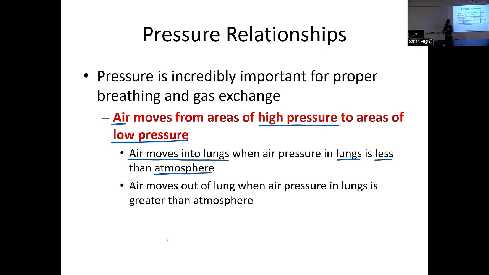High to low. When you blow out, air is going to move out of your lungs when the pressure in your lungs is higher than the pressure in the atmosphere, pressure outside the lungs. Again, we're always going to take air from a high pressure to a low pressure.